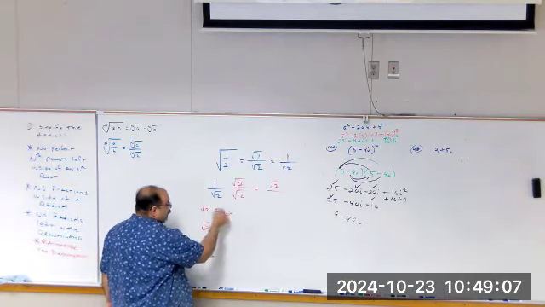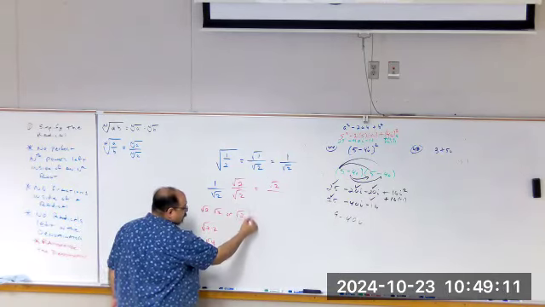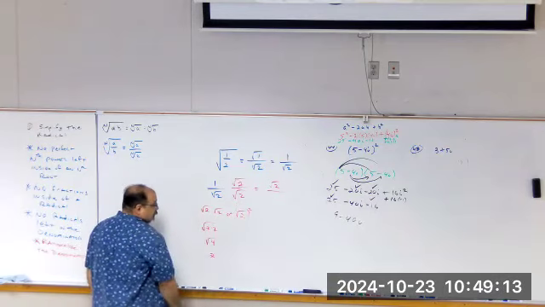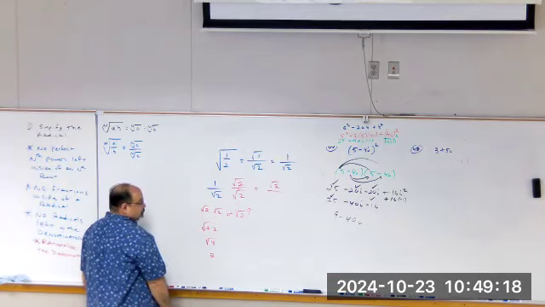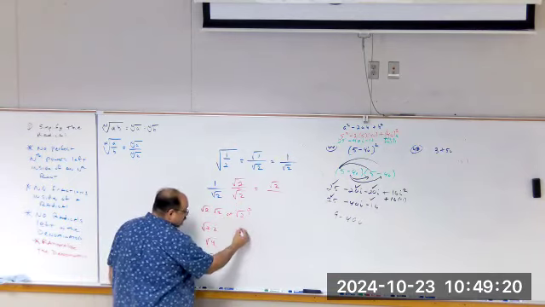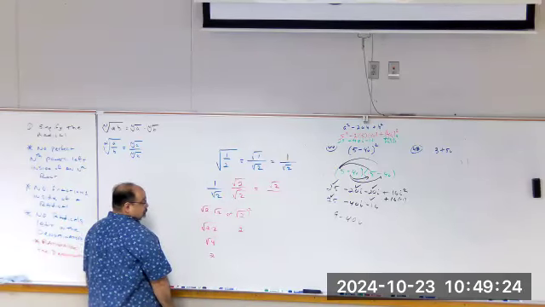Or I have square root 2 times itself, so it's the square root of 2 squared. What's a square going to do to the square root? It's going to undo that square root, so I just get the 2. That's the whole purpose.